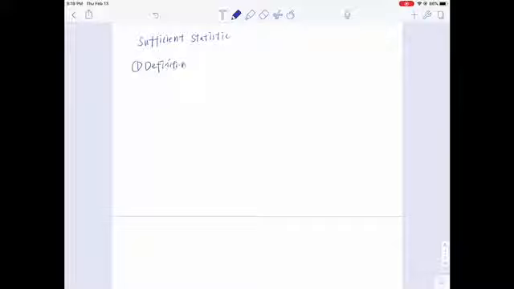Basically, we call a statistic T(x) sufficient if the conditional PDF of the random variable x is independent of theta. So when this h(x) is not a function of theta, we call T(x) a sufficient statistic.